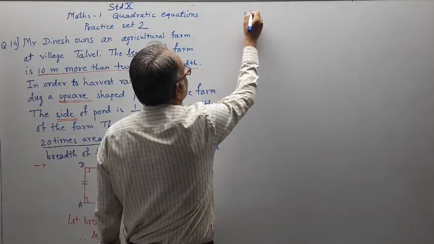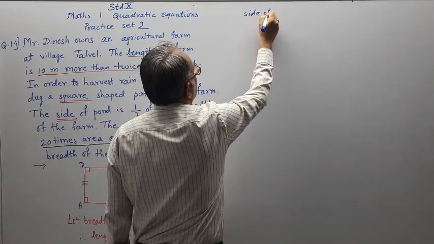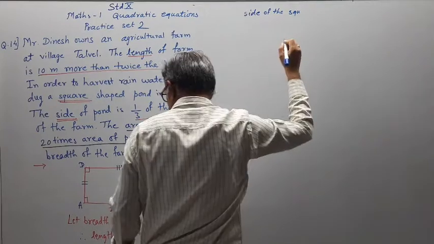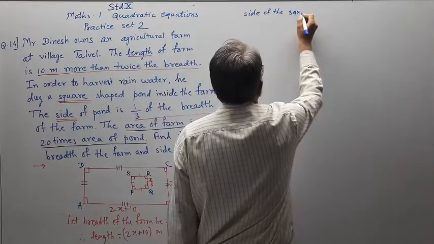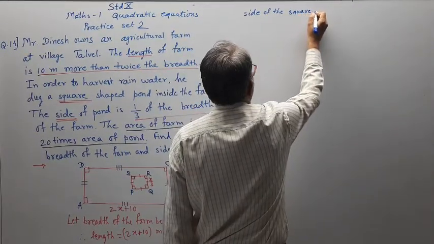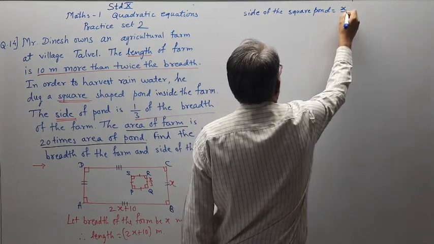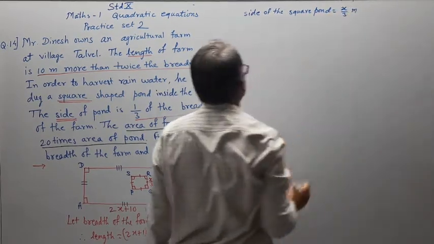The side of the square pond is x upon 3 meter.